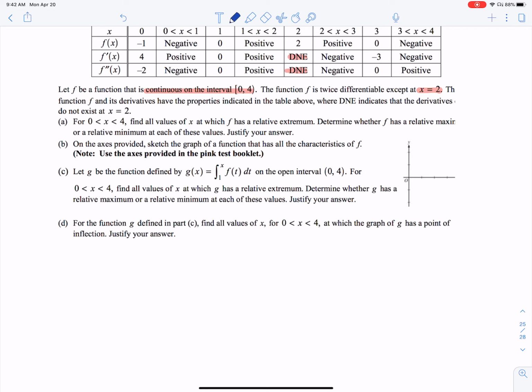They occur at critical values, and critical values occur when the derivative equals 0 or when the derivative is undefined. In other words, the derivative does not exist, d and e. So let's see what we got here.